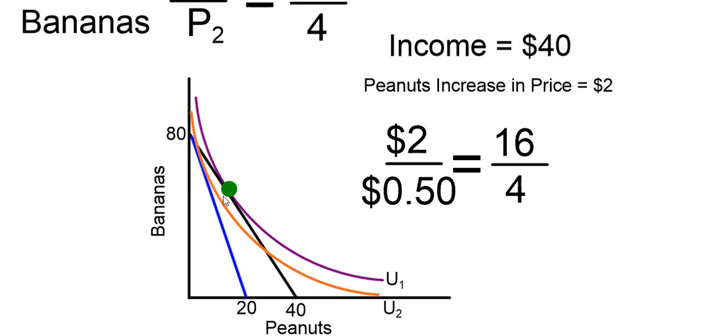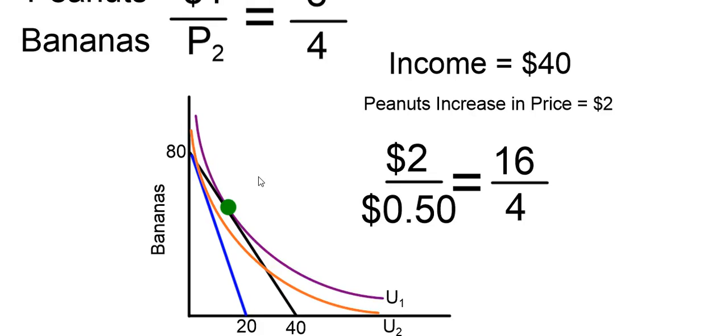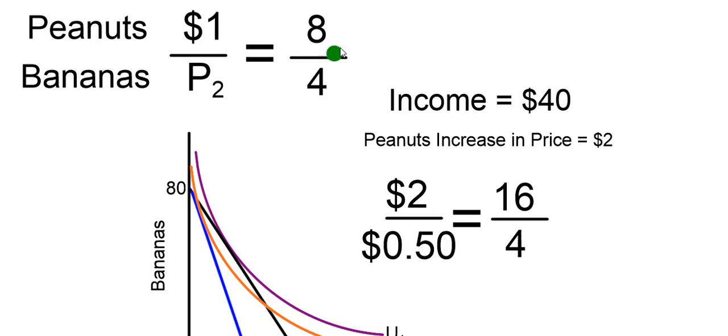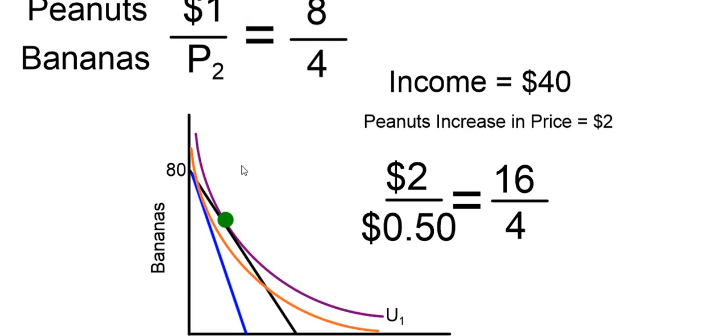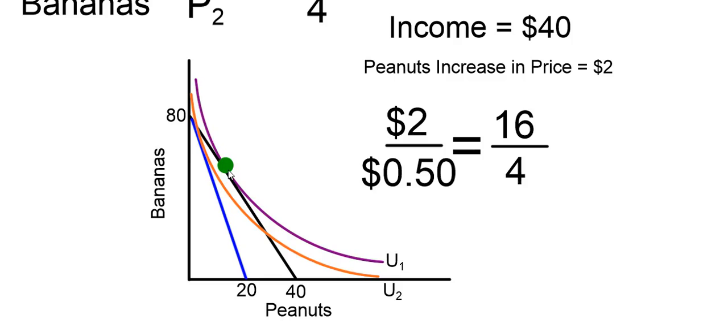And then if we think about that a little bit more, what that means is she's getting twice as much utility for the next unit of peanuts at that point than she is for bananas. And if we think about this, where we are right here, she's willing to give up more bananas since it's a slope of 2. So as you move in that direction, she's giving up more bananas for less peanuts, right?